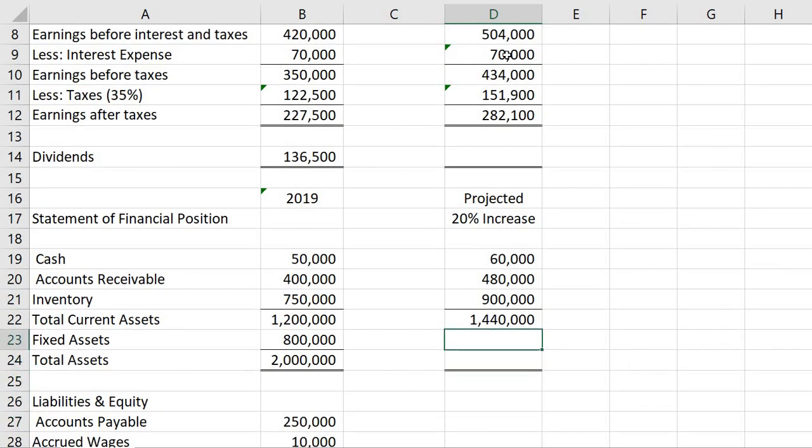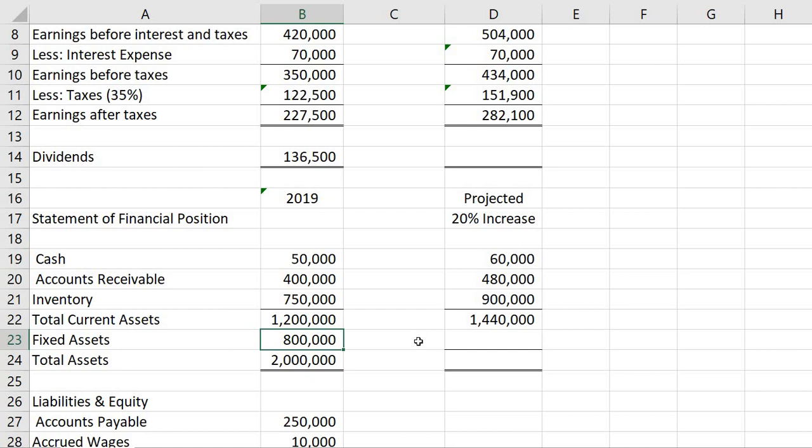Now, for the fixed assets, take note, class, that fixed assets do not necessarily increase spontaneously with the increase in your sales. Why is that? This happens when the entity is not yet operating at full capacity.